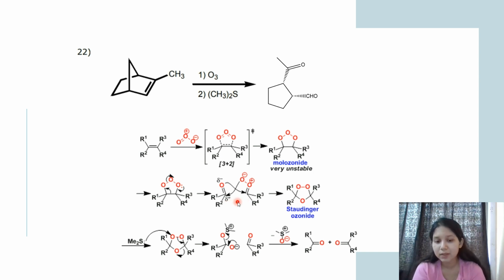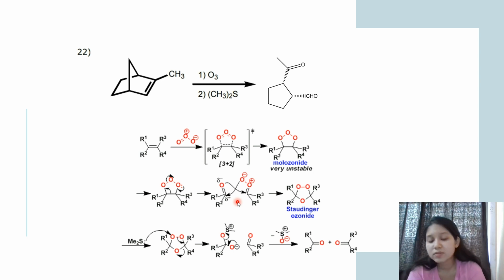Now these two fragments are in the same system, so they will react with each other, but this time they will not react in the same fashion to give the earlier molozonide, because it is highly unstable.